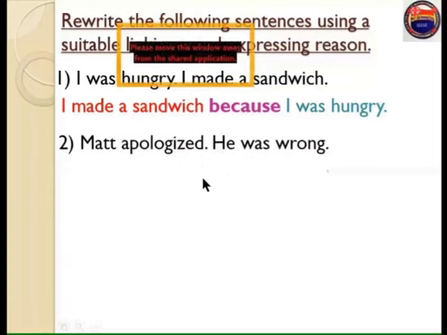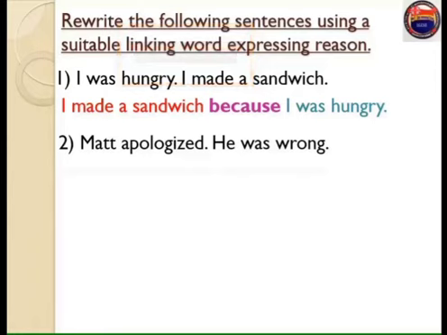Sentence 2. Matt apologized, he was wrong. Again, we need to connect those two sentences using a linking word that expresses reason. We can use as, because, and yes, we can use for.